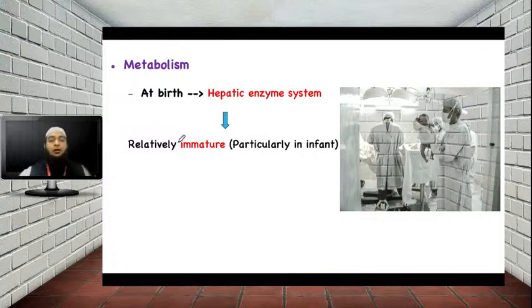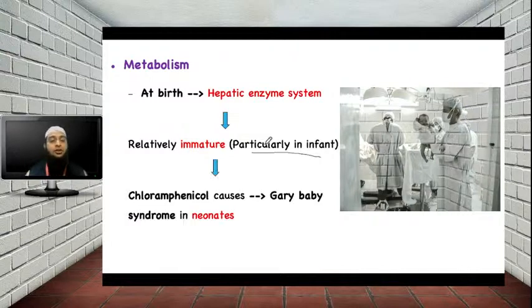Since at birth the hepatic enzyme system is not mature, particularly in infants, if you are giving a drug which is supposed to be metabolized by the liver, it will not be metabolized, and we know that if a drug is not metabolized, it will also not be excreted into the urine, right? And it slowly increases its concentration in the body and it may produce a toxic effect.